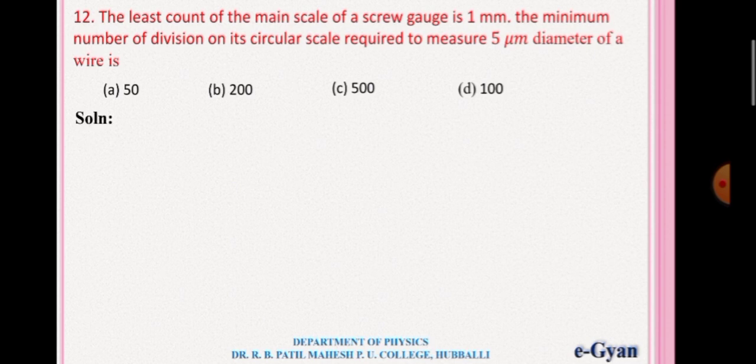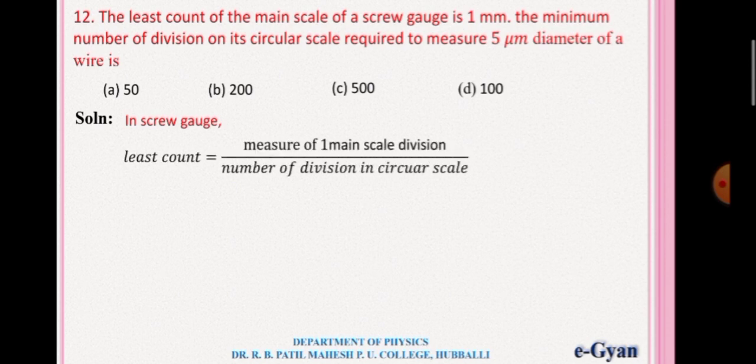In a screw gauge we have the formula for least count: least count is equal to the measure of one main scale division divided by the number of divisions on the circular scale. Here the value of least count is given, that is 5 micrometer, and the measure of one main scale division is given, that is 1 millimeter.